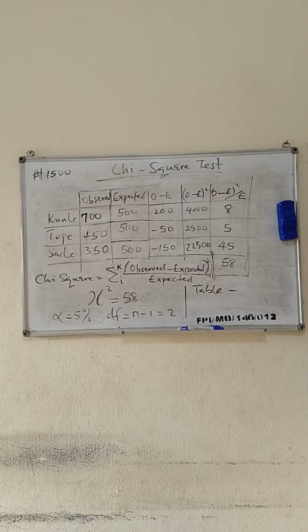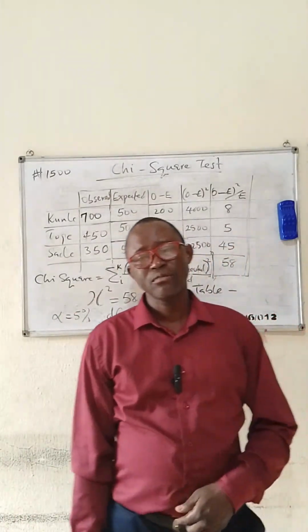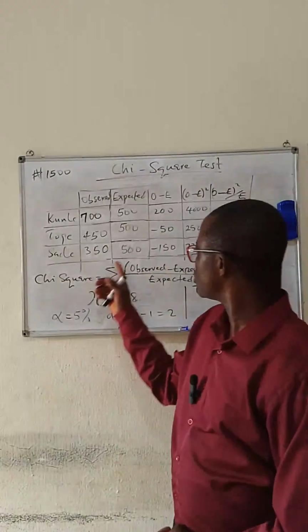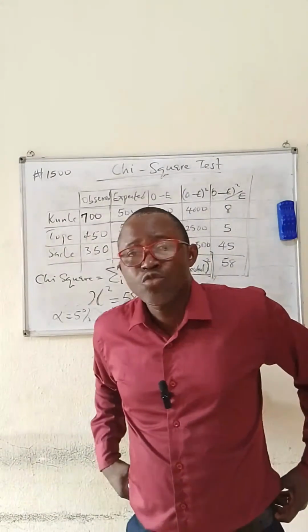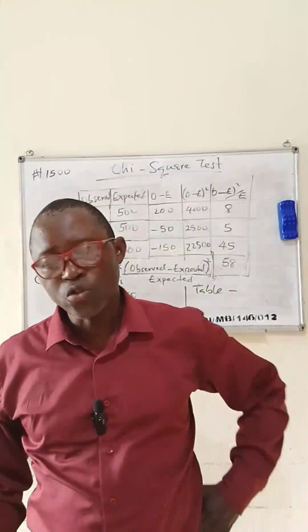Yes. But then there's another, third type of chi-square problem that I want you to also know about. It is not as straightforward as the 2 by 2 contingency table, and it has another approach.